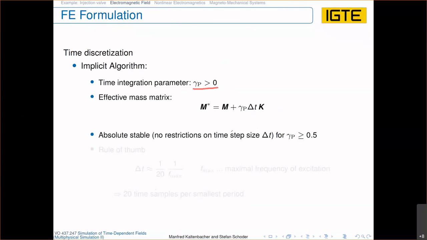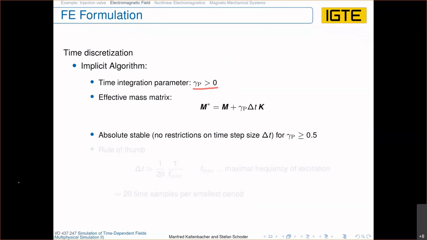So you have no restrictions on the time step delta t if this integration parameter is larger or equal 0.5. Even for the case where it is larger than 0 but smaller than 0.5, we have some restrictions on the time step in order to get a solution at the end, and so that you don't diverge when you compute a lot of time steps.